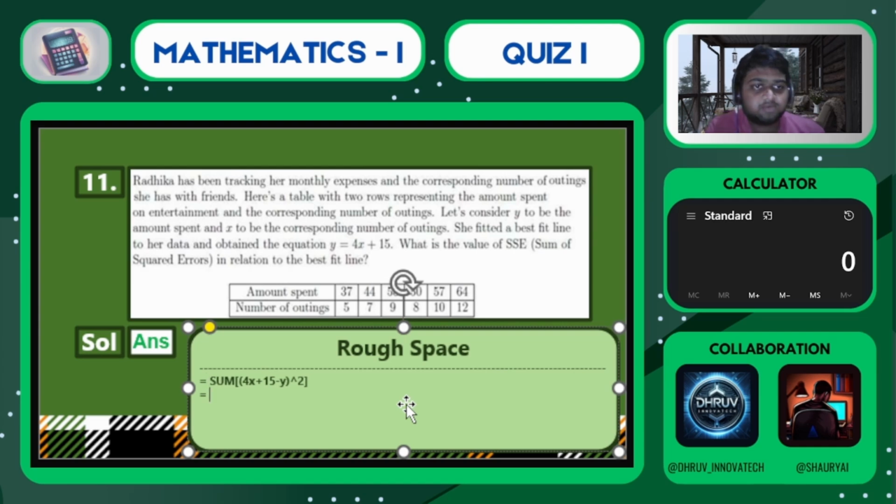So let's calculate. Let's begin with 37. 4 into 5 plus 15 minus 37, then squared becomes 4.